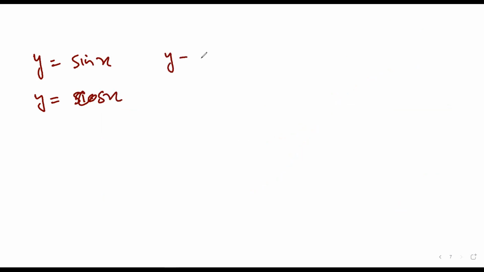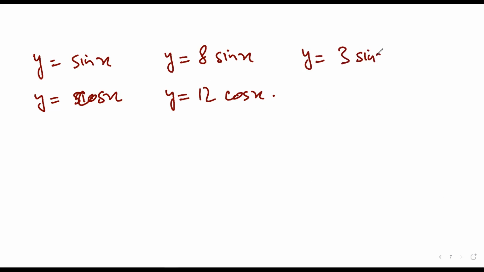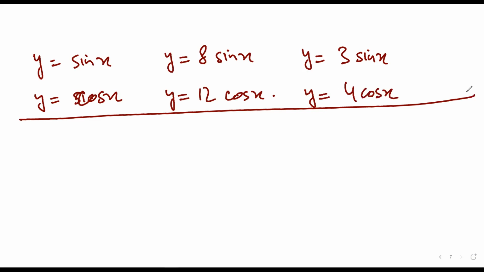So if I meet something like y is equal to 8 sin x, I know how to draw the curve. I know how to draw a rough curve. I don't want the exact curve, but I should be able to figure out how the curve will look like. Are we comfortable till here? Okay. So this is the first thing.